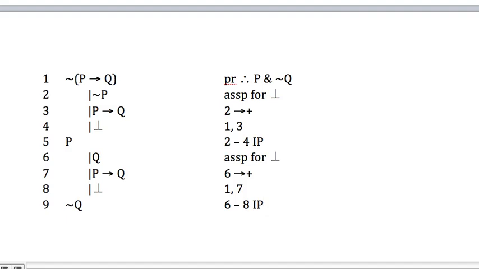Now our original goal was to get P and not Q. And so all we have to do is put 5 and 9 together by conjunction. And that completes our proof.